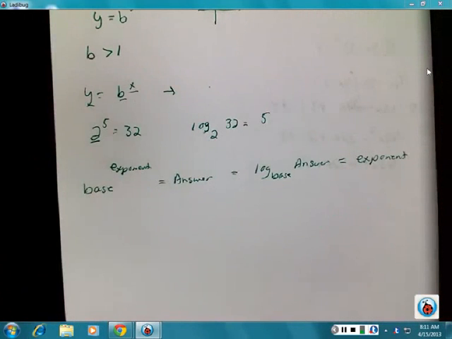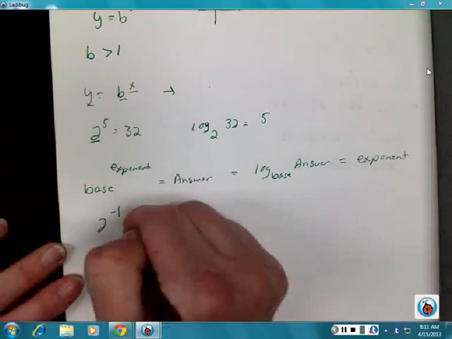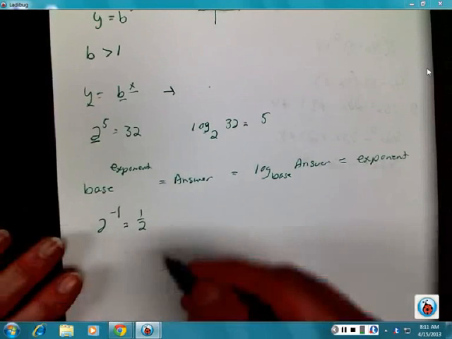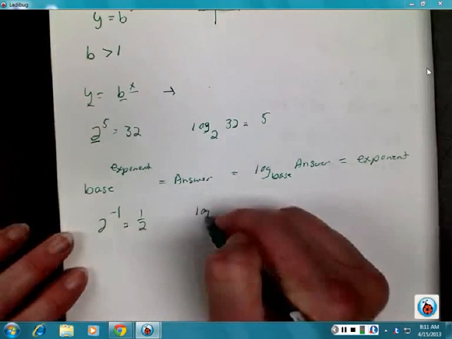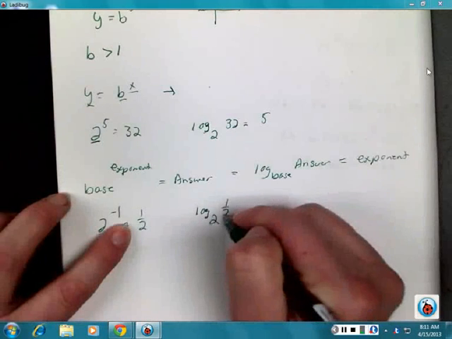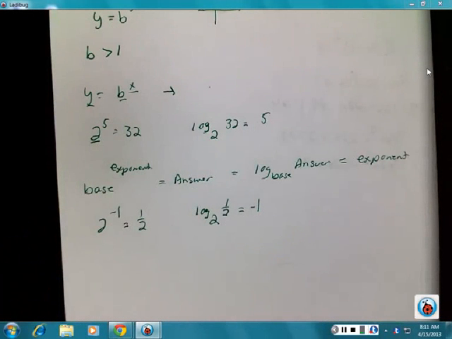So we end up reversing and changing these things around from one to the other. So if I had 2 to the negative first is equal to 1/2, what would my log look like? Well, my log in this case would be log base 2 of 1/2 equals negative 1. And so I can reverse them to come up with what my solutions happen to be.